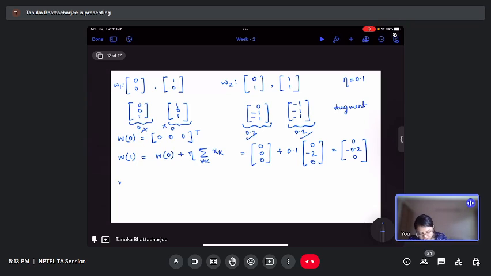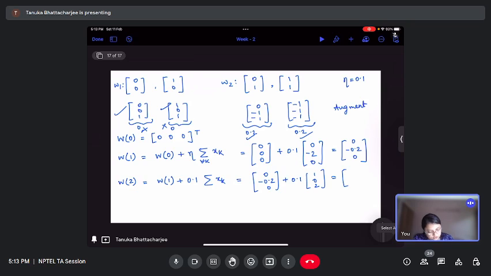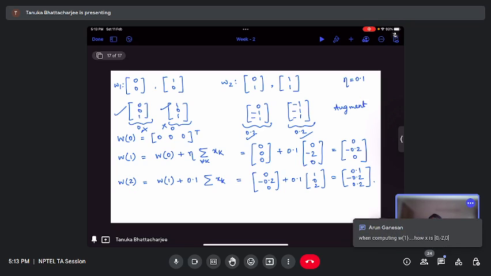So, in the next iteration of W, you will do W1 plus 0.1 times the summation of these two feature vectors. Let us say the first two feature vectors you will sum up. So, you will get 1, 0, 2. That is, you are getting 0.1, minus 0.2, 0.2. This is your new update. Now, let us see what happens if you try to do the classification.